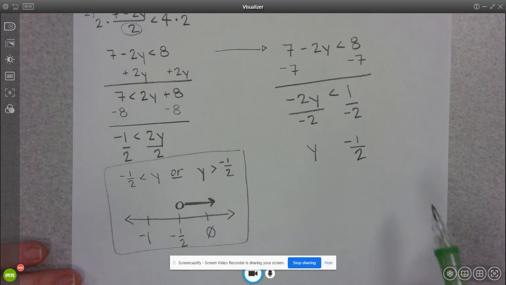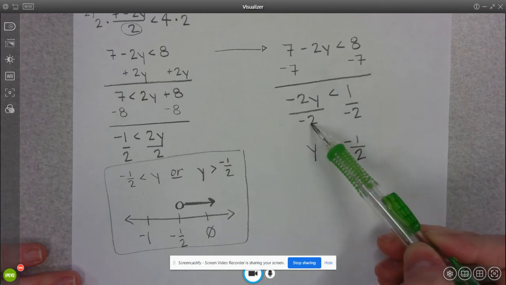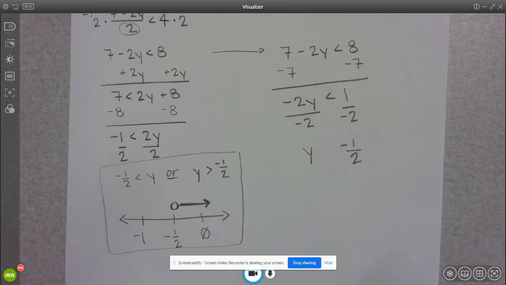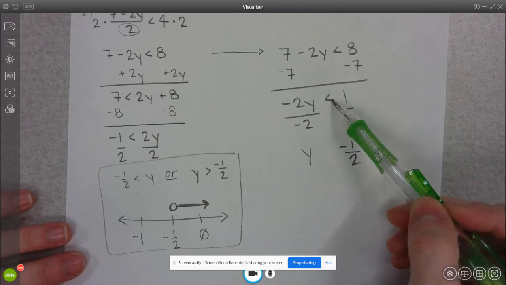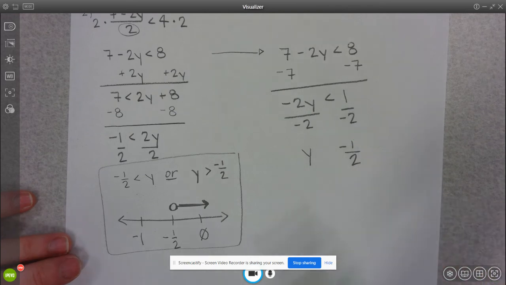The issue is, because I've divided by a negative number, remember, multiplying or dividing by a negative gives me the opposite of what I had before. I also have to do the opposite inequality sign because I'm completely changing the sign of everything I've been dealing with.